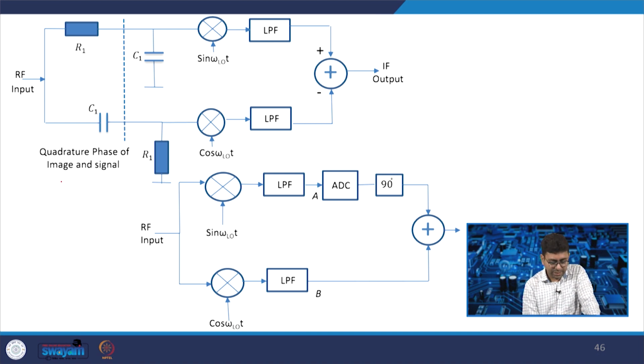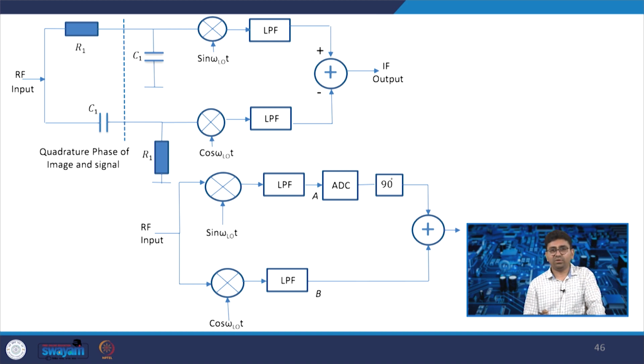But we generally avoid this, because if we try to add the RC at the input side, your noise will increase and you cannot get sufficient phase change at very high frequency. But in certain applications you can use quadrature hybrid couplers made of inductors and capacitors, which provide 0 and 90-degree phase shift at the RF end.